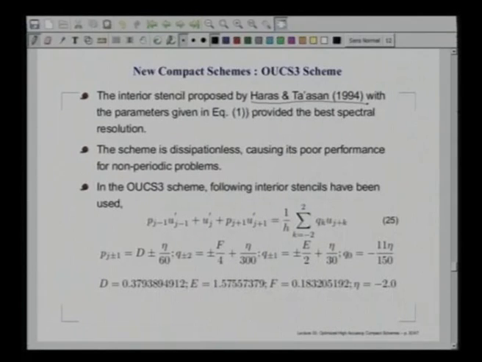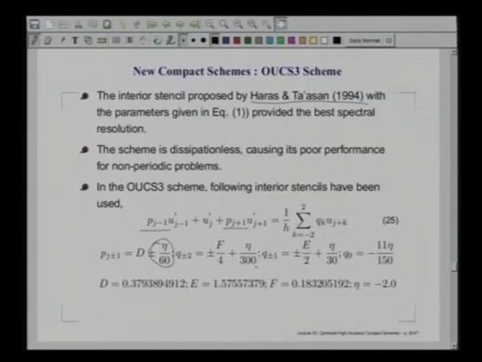Now, we converted it for a non-periodic problem, and what we did was we implicitly added the dissipation term, and that is shown here in the coefficients p j minus 1 and p j plus 1, where you notice the terms plus minus eta by 60. So, eta is some kind of an upwind parameter. In the Haras and Tassan scheme, this eta was 0. So, we have purposely added that eta term to control. So, eta is an additional degree of freedom for us to choose the scheme.